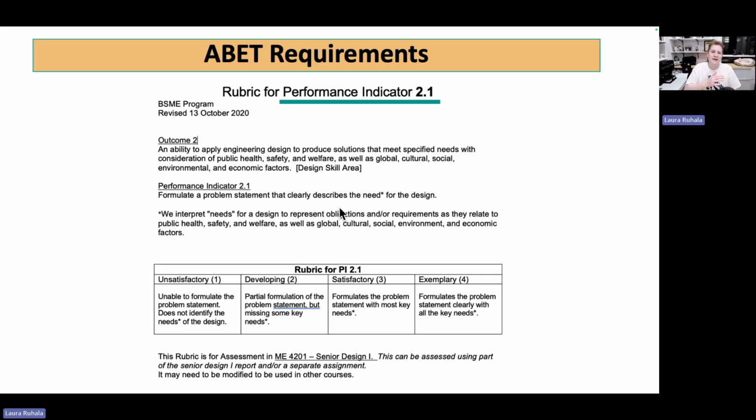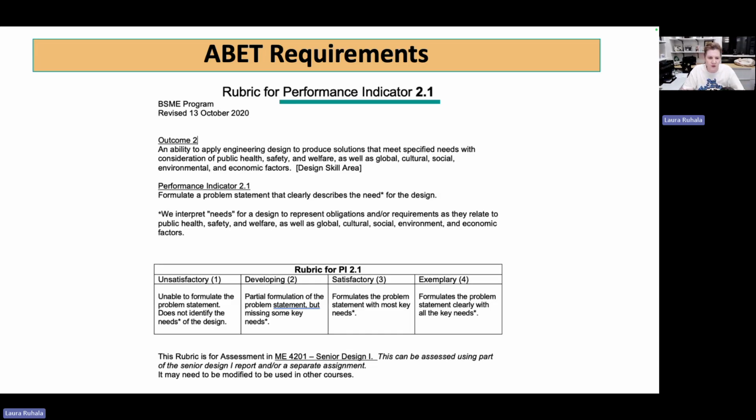It goes back to the design needing to represent obligations and/or requirements as they relate to public health, safety, welfare, as well as global, cultural, social, environmental, and economic factors. Your senior design capstone in 4201, and then it'll continue in 4202, will be measured using this rubric.